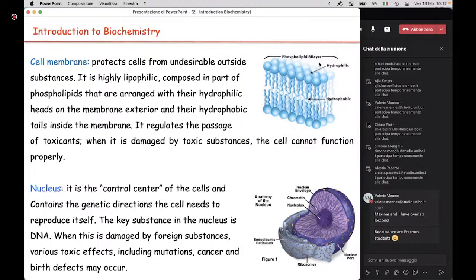This is outside the cell, there's water. This is inside the cell, water also. So the hydrophilic heads are towards the water. And in between, we have all the hydrophobic tails. So the bulk of our membrane is highly lipophilic.